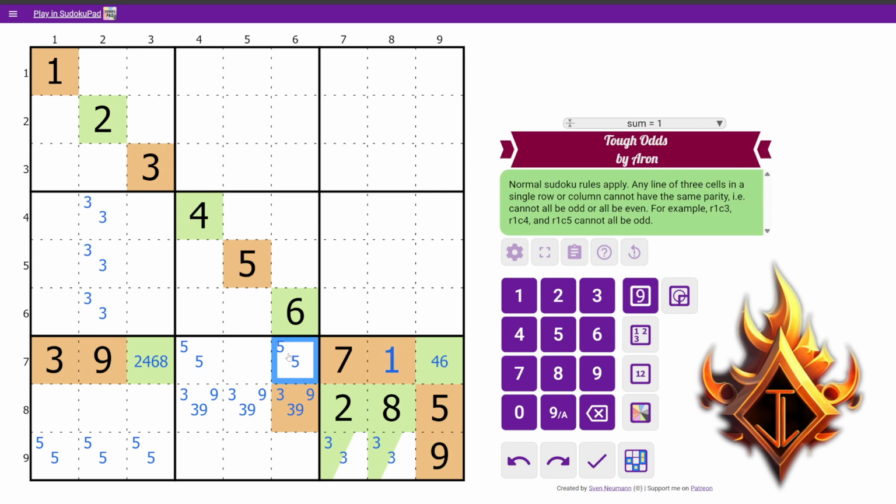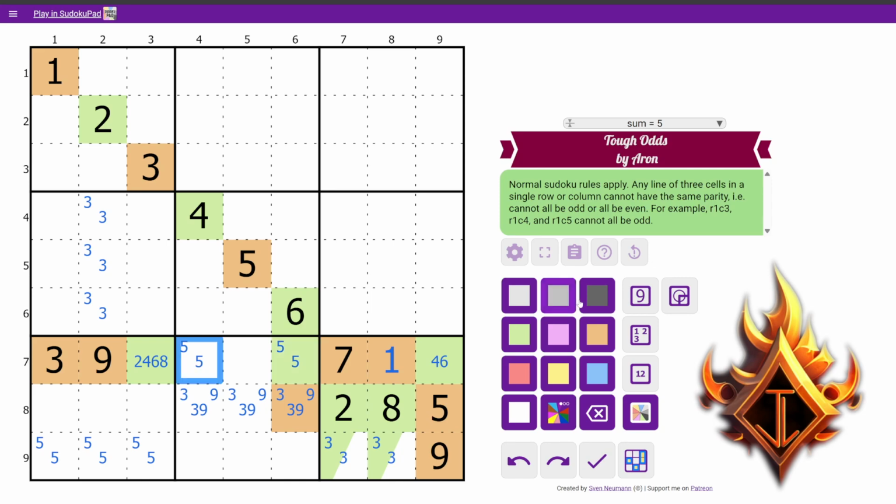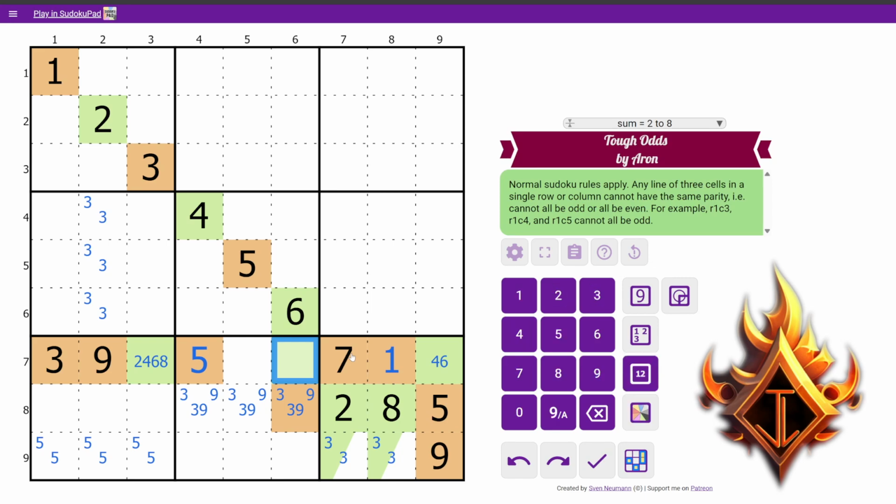But now this one has to be even. So that is not 5. This one is 5. 5 is odd. And this is 2, 4, or 8.